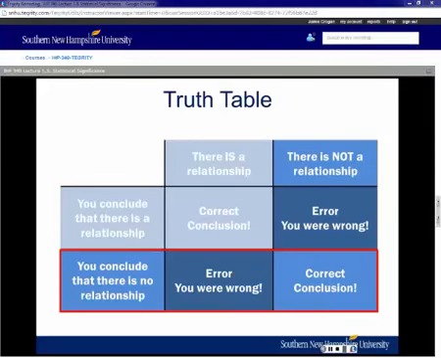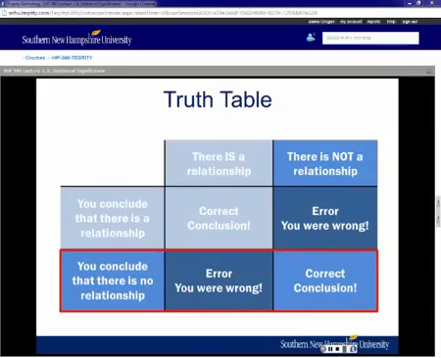There's also the other conclusion that I could make. I could conclude that there is no relationship. I didn't find any relationship between X and Y. Of course, I could be right or wrong about this conclusion as well, and I don't know until someone else tries to replicate my results. So if I find no relationship and everyone else does too, well then I know I've made the correct conclusion.